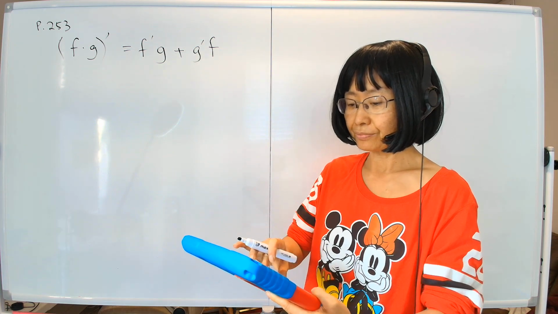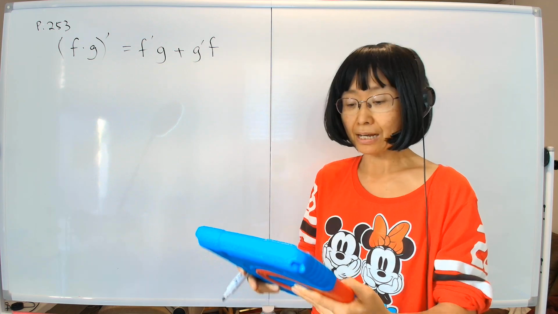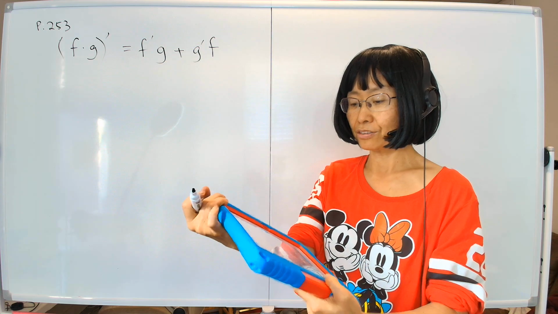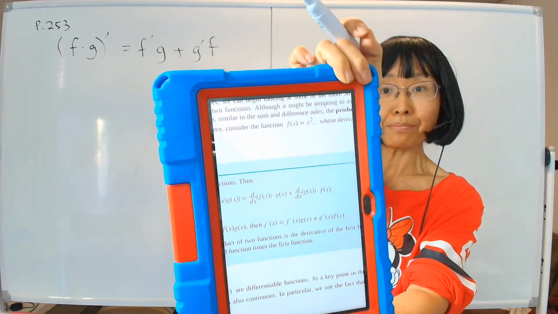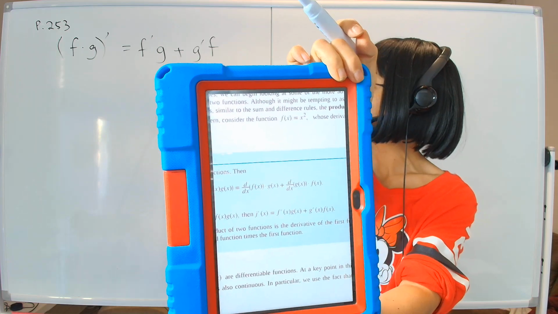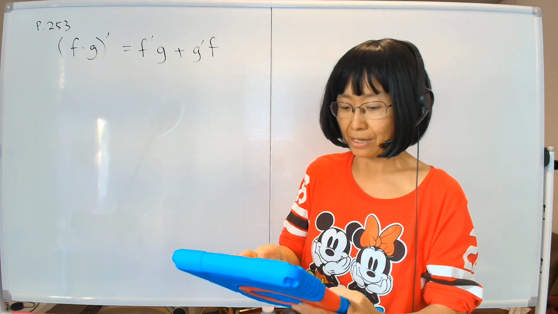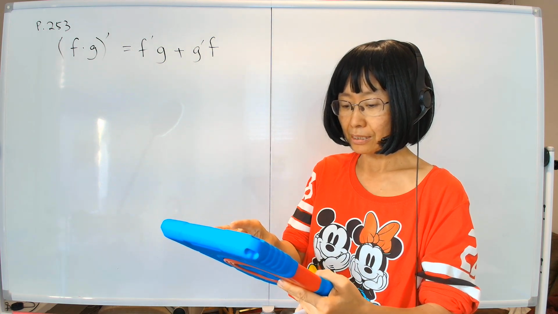If j of x equals f of x times g of x, then j prime of x equals f prime of x times g of x plus g prime of x times f of x. So it's slightly more wordy, but it says the same thing, maybe in a more detailed way.